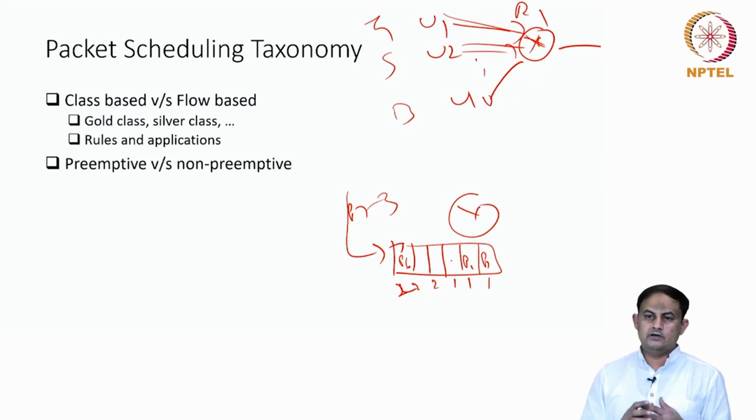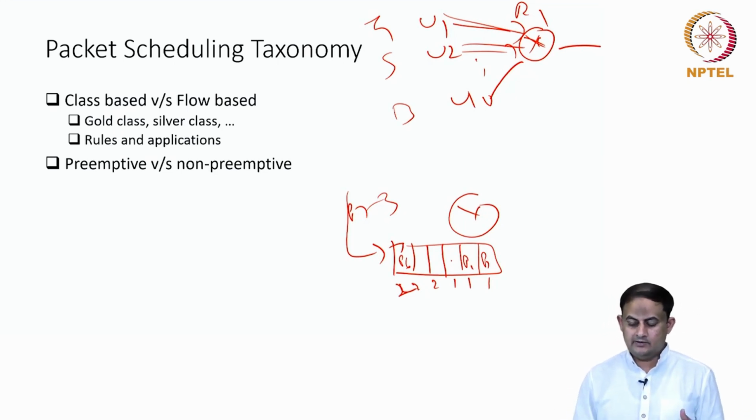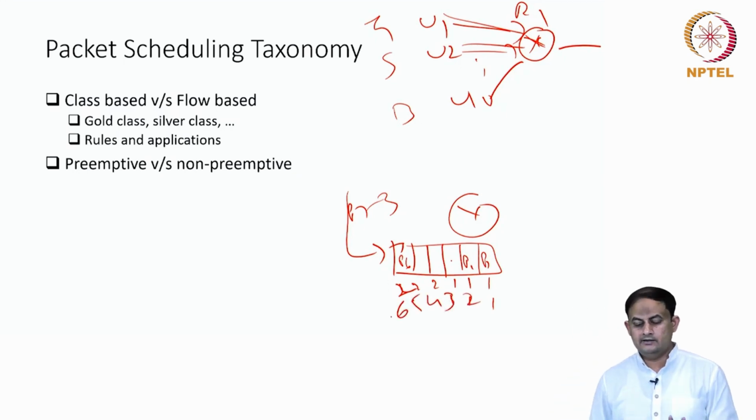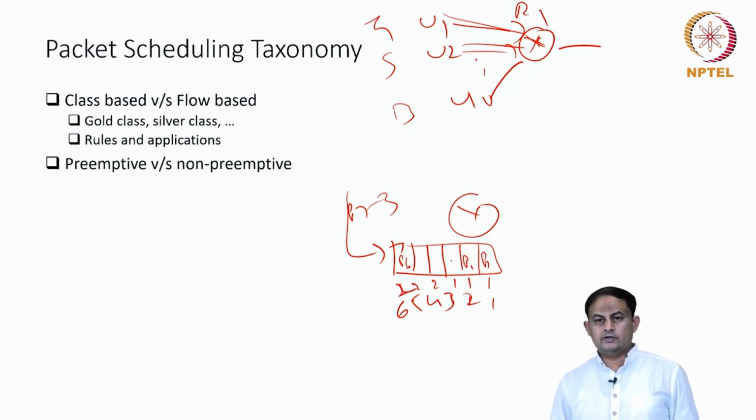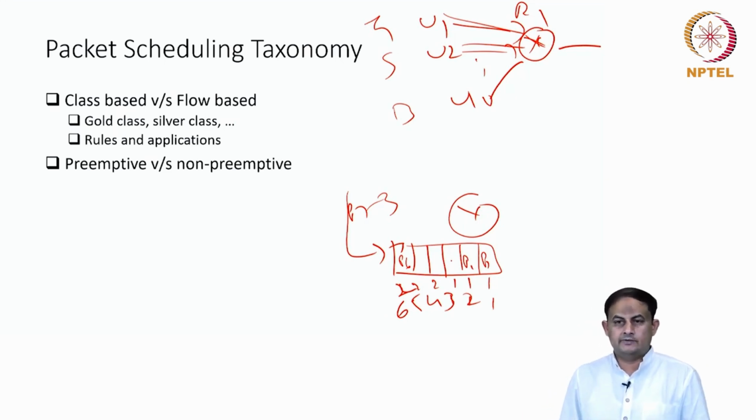The order of the scheduling is decided. Maybe I am going to transmit the packets in the order 1, 2, 3, 4, 5 and 6. This order is decided, and if your router gives the priority to P7, now what do you do?